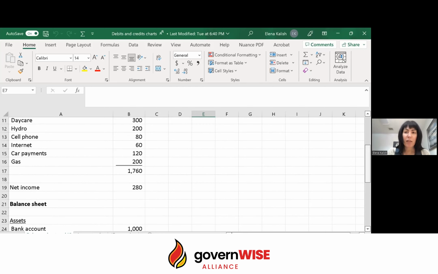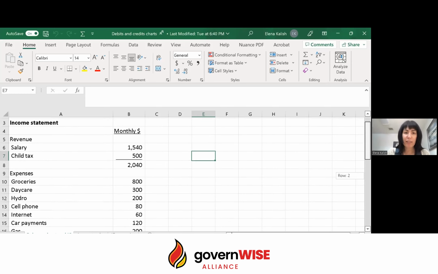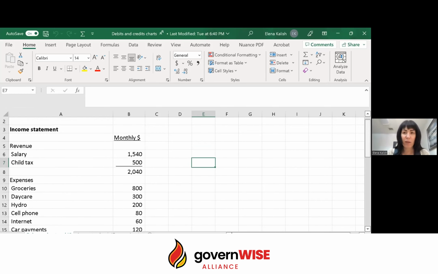So going back to our journal entries, anytime we have a transaction, an accounting transaction is just a reflection of what happened in our operations in real life, right? Anytime money comes in, yes, it's income. But at the same time, that income gets put somewhere. It increases one of our assets.